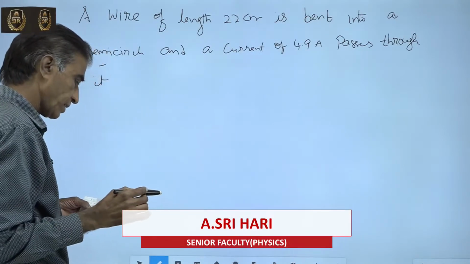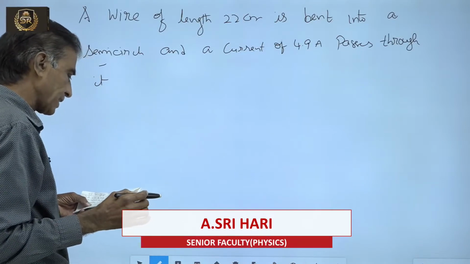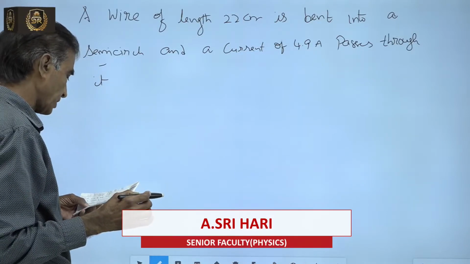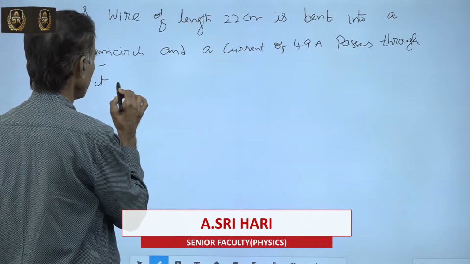Then what you want to find? The intensity of magnetic induction at the center of the semicircle is.